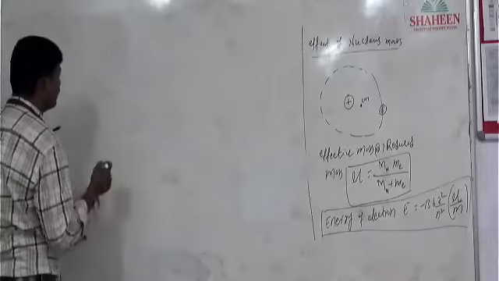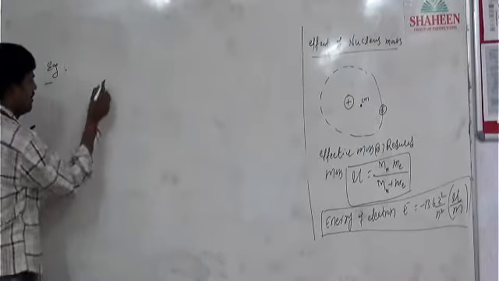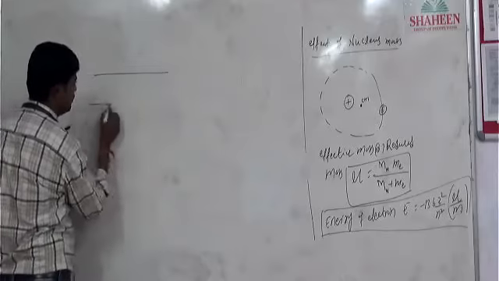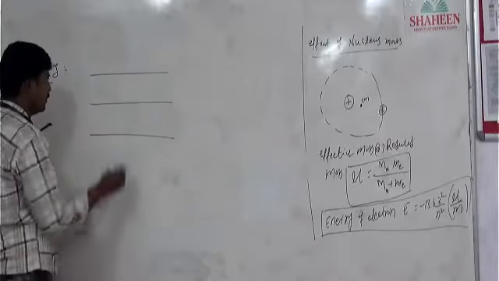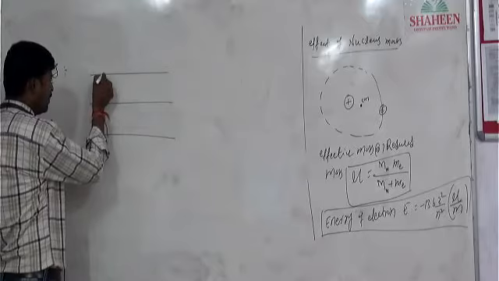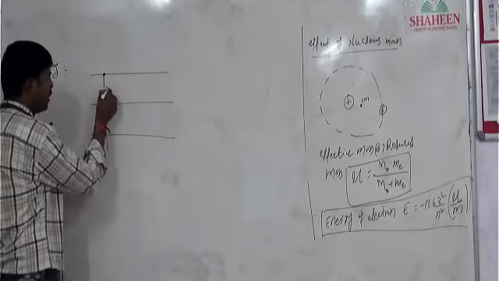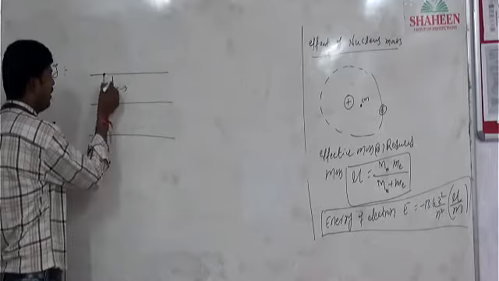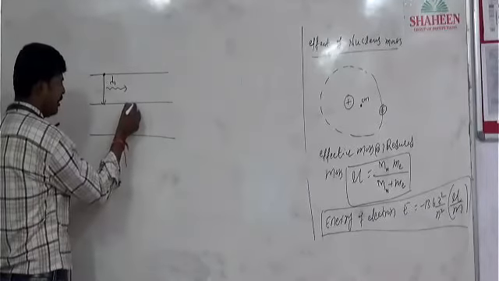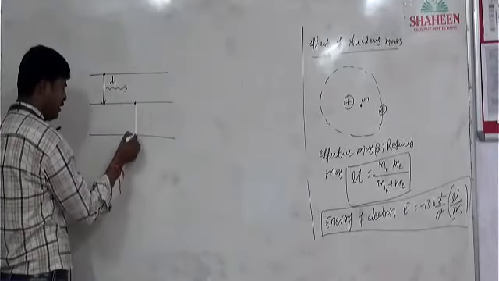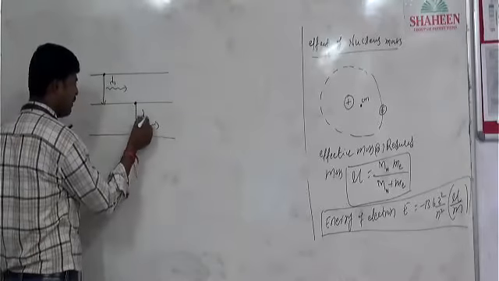Look here. For example, an electron is jumping from this to this and releasing one photon of lambda 1 wavelength. Assume that. And one more electron is jumping from this energy level to this, releasing a photon of lambda 2 wavelength.